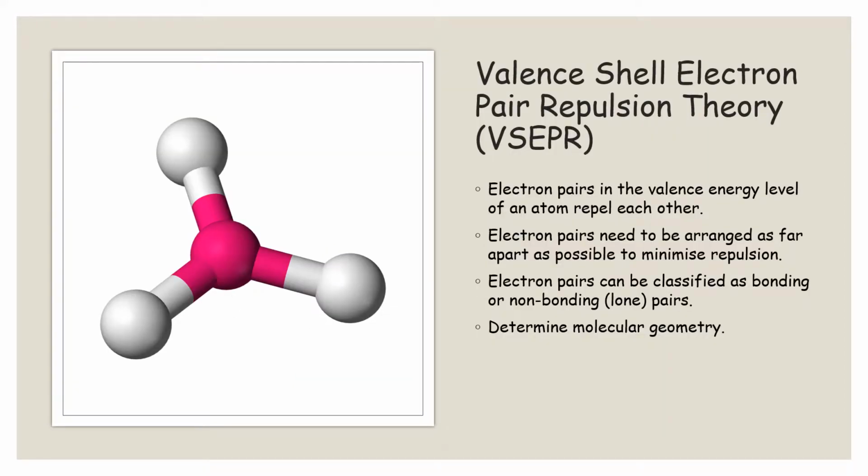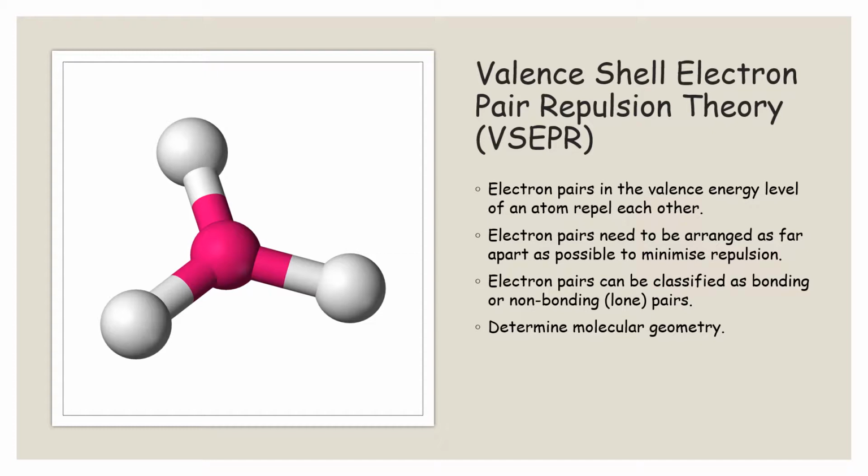To predict the shape of molecules, we're going to be using what's called the valence shell electron pair repulsion theory. The idea behind this theory is that the electron pairs in the valence energy level of an atom repel each other. Now this happens because they're both negatively charged.